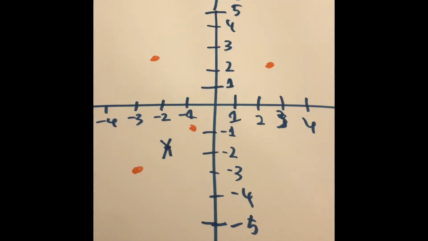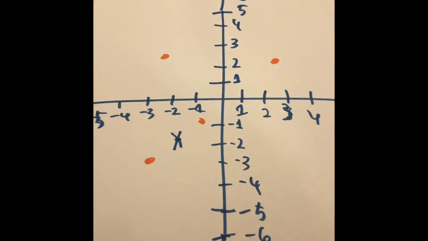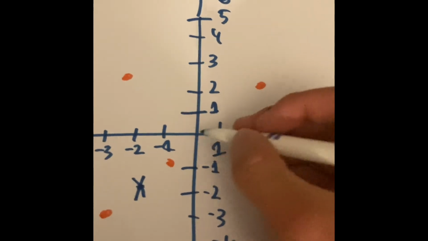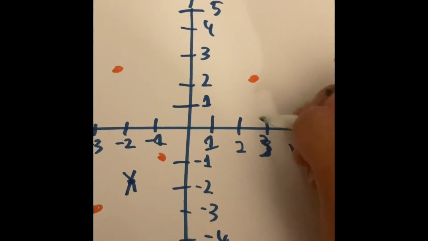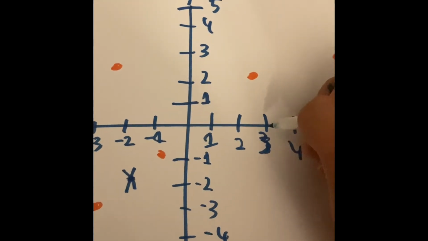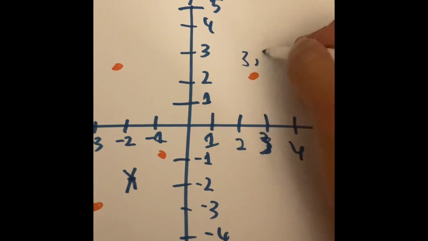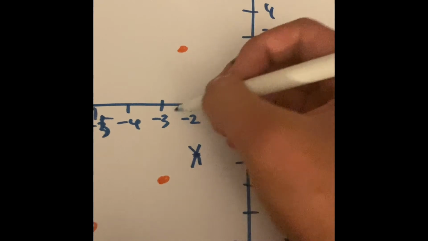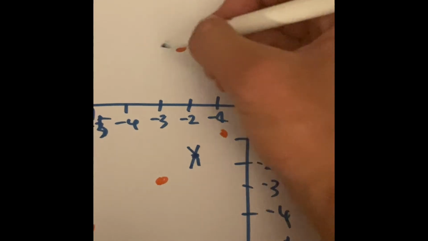So we're going to graph these normally and find the domain and the range. You probably know how to graph if you're in high school. So we're going to say 3, 2. Then for this one, we're going to say -3, 2.